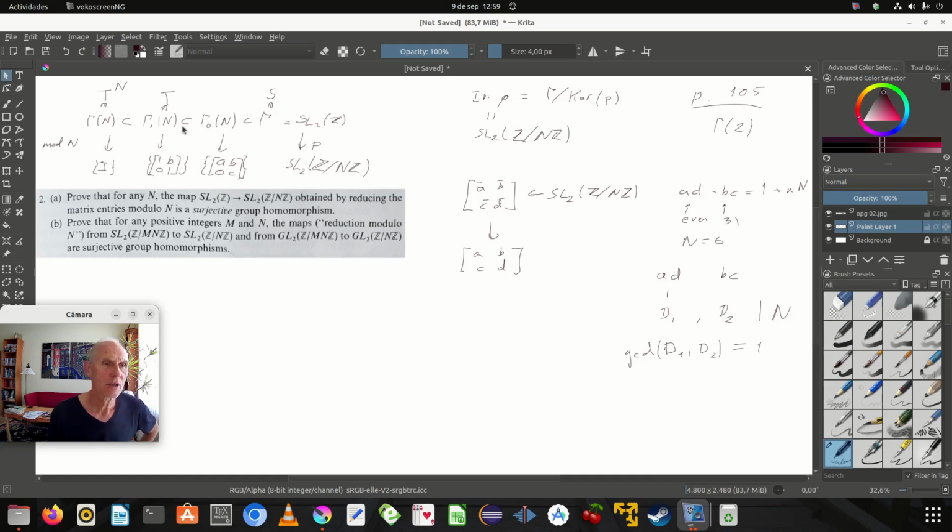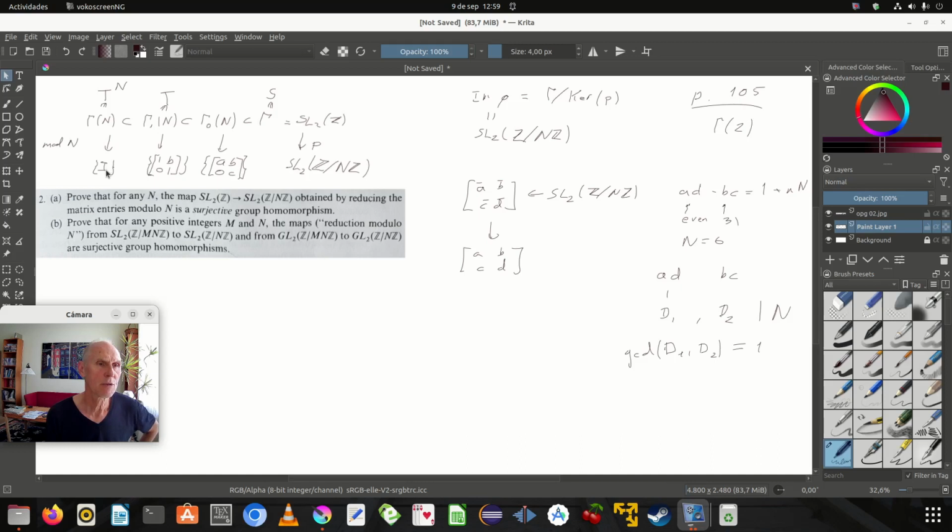First, these congruence groups are all subgroups of gamma. When we take the projection modulo n, we end up in subgroups of the special linear group over the congruence field modulo n.